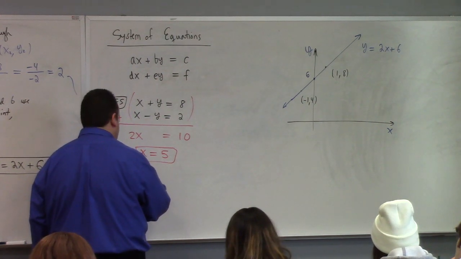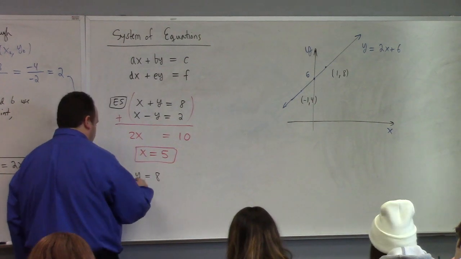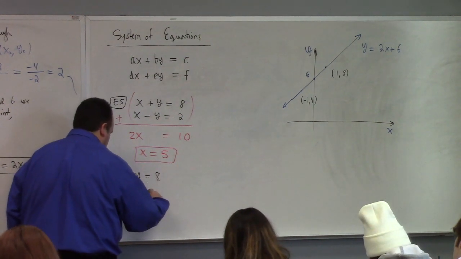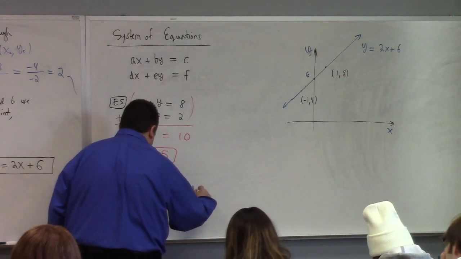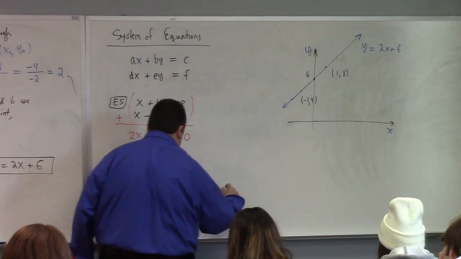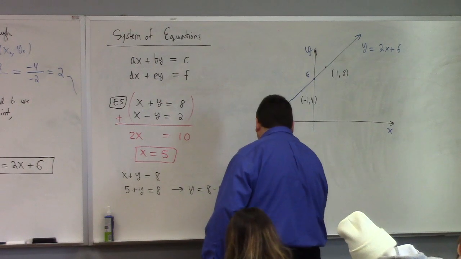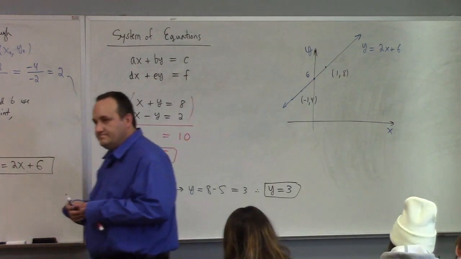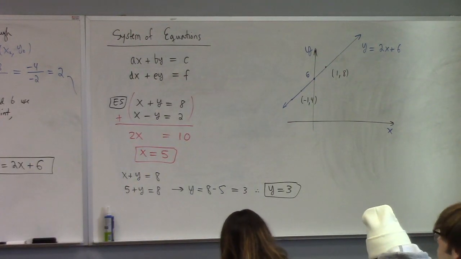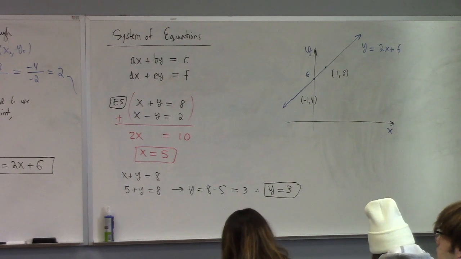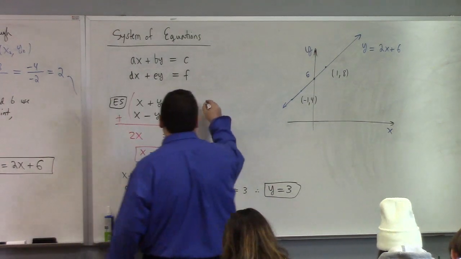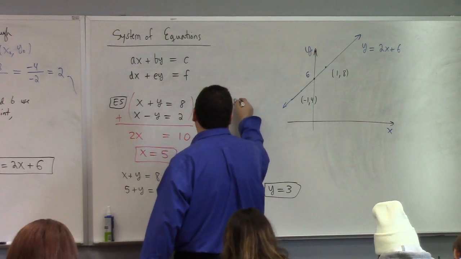Let's see here. x plus y equals 8. So plug the 5 in, right? 5 plus y equals 8. So y is equal to 8 minus 5, which is 3. So therefore y equals 3. Why is this true graphically? The first equation is y equals 8 minus x.